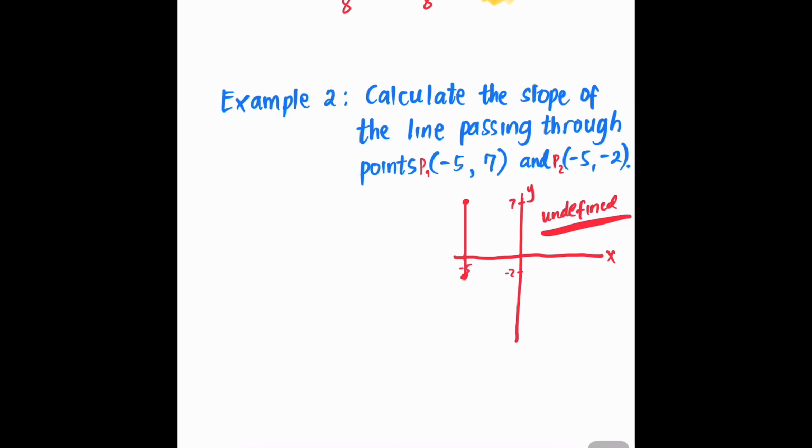Okay, so for us to prove that the slope is really undefined, we use the same formula. m for slope equals y sub 2 minus y sub 1 over x sub 2 minus x sub 1. So remember to label the coordinates, x sub 1, y sub 1, x sub 2 and y sub 2, and plug in.